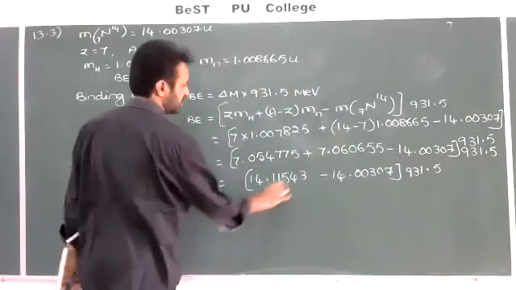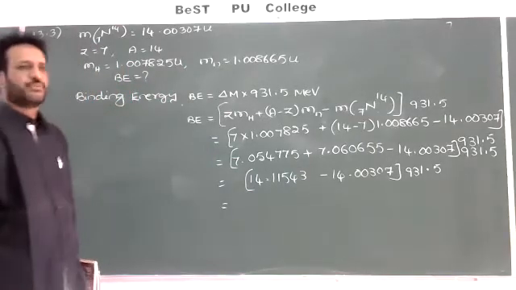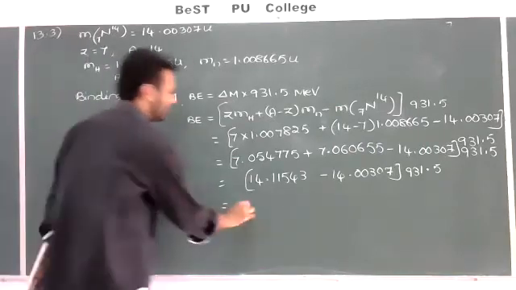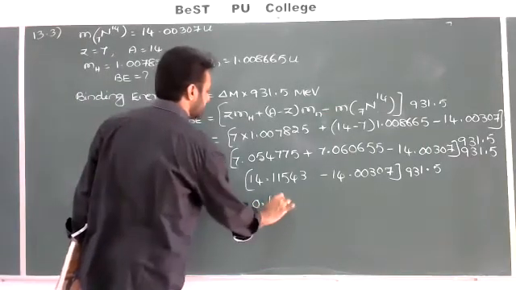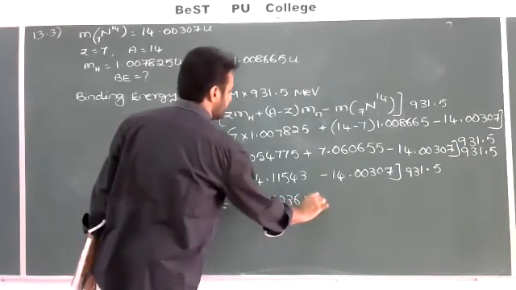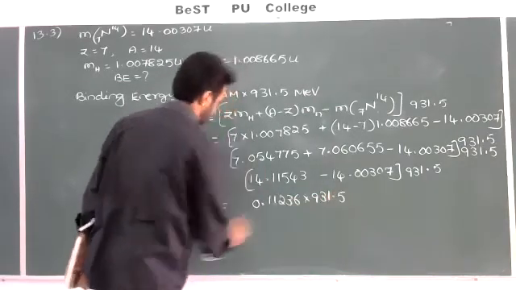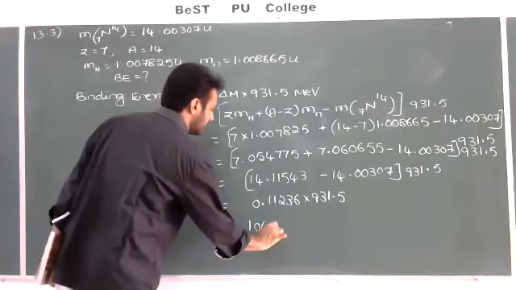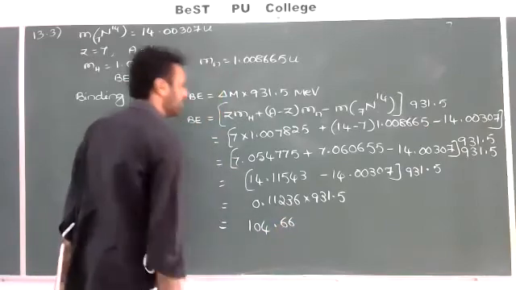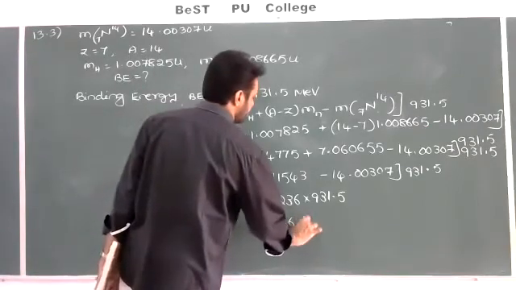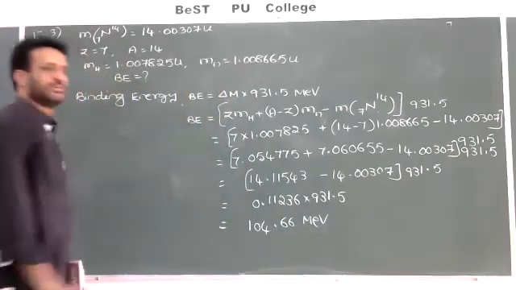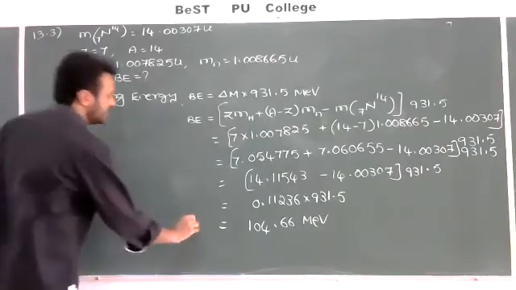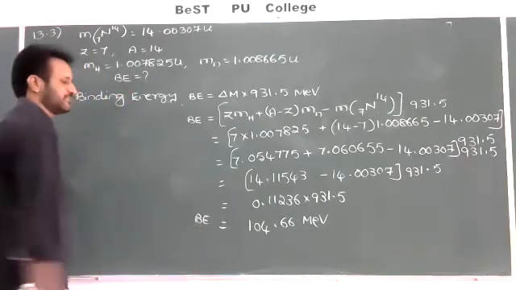First subtract this one, and you will get 0 point something: 0.11236 into 931.5. So that is 104.66 MeV, or we may round off to 104.7. If you round up the number, you will get 7. That is the binding energy of the nitrogen nucleus.